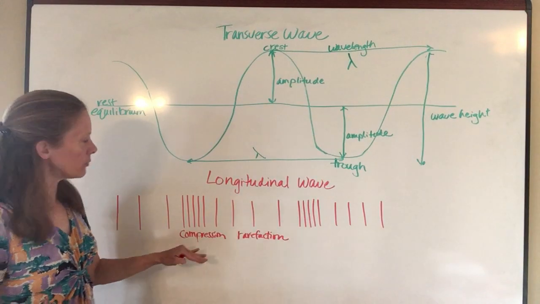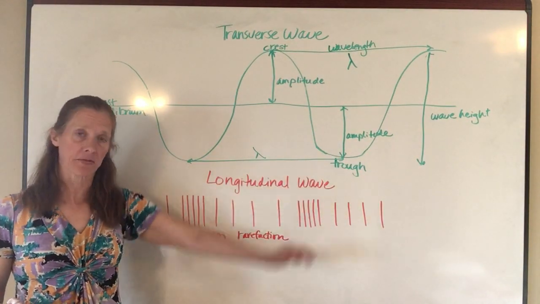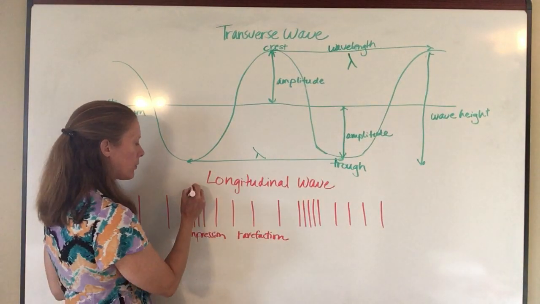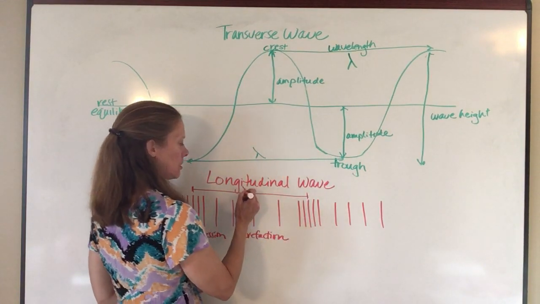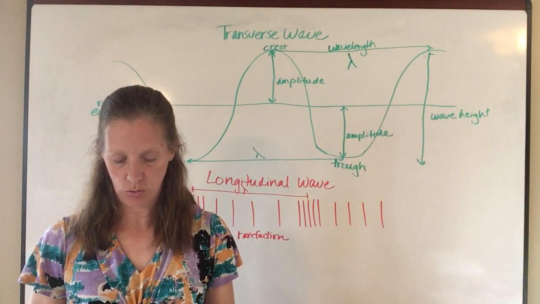So a compression would be similar to a crest, a rarefaction would be similar to a trough in a transverse wave. So the wavelength here would be from one compression to the next compression. Okay, so there is your wavelength on what is called a longitudinal wave.